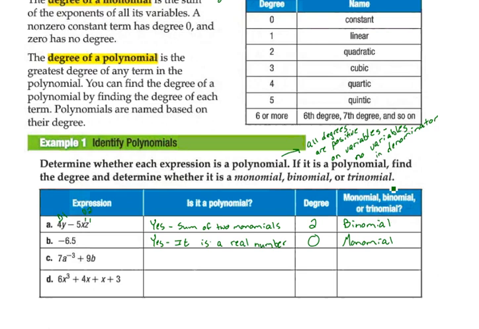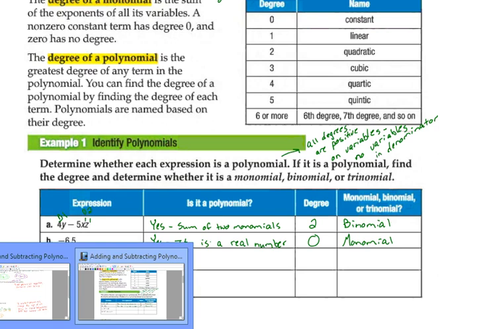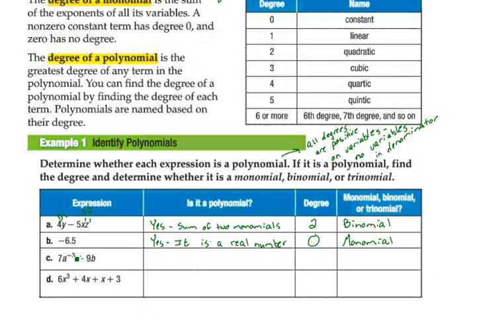Okay, now let's look at C. Here is our problem. We cannot have a negative variable. So is this a polynomial? No. Okay, there is a variable in the denominator.